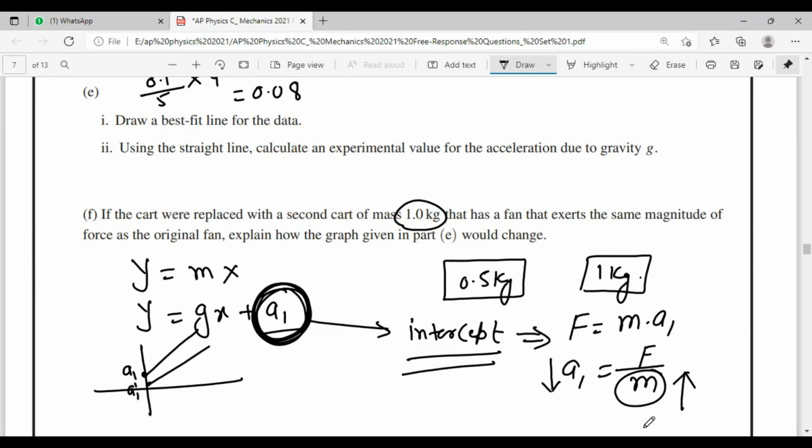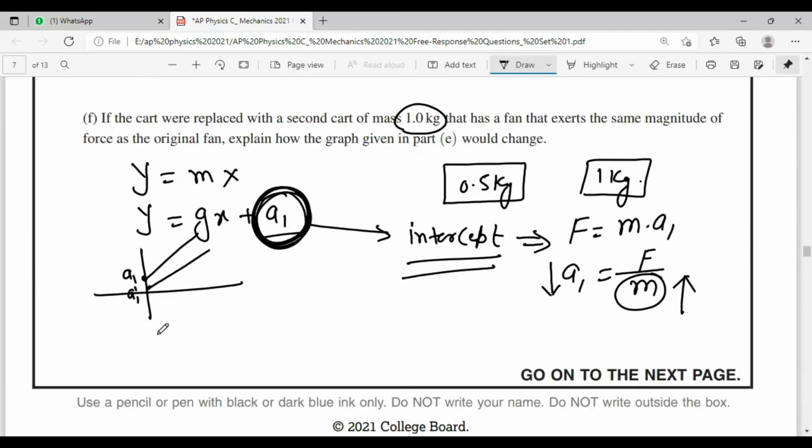So as you understood this explanation, you can write: as mass increases, a1 will decrease, that is, the intercept will decrease. So what will happen? Slope will not change.